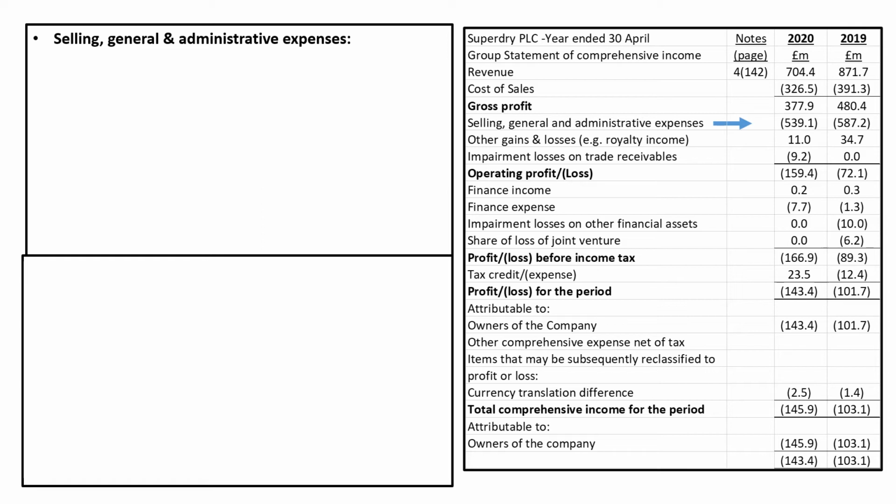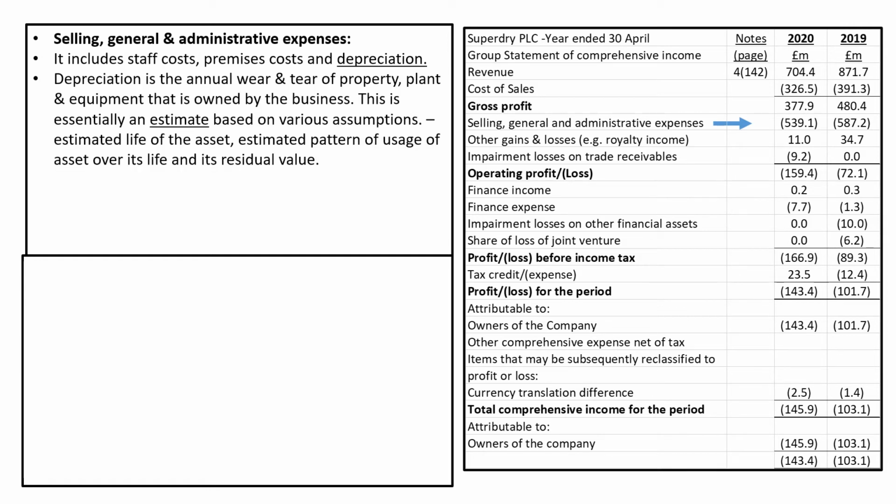Selling, general and administrative expenses. What does it include? It includes staff cost, premises cost, and depreciation. Depreciation is the annual wear and tear of property, plant, and equipment that is owned by the business.